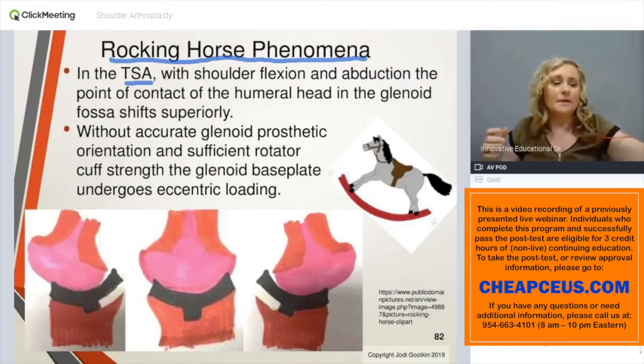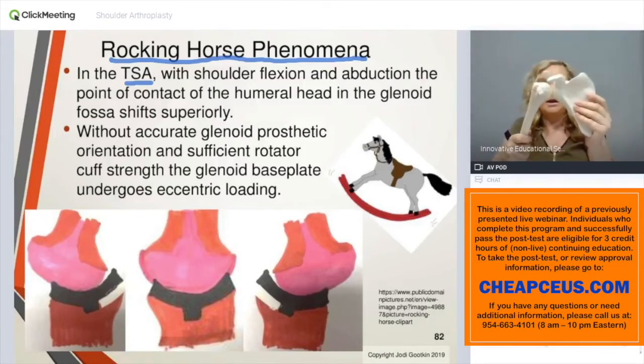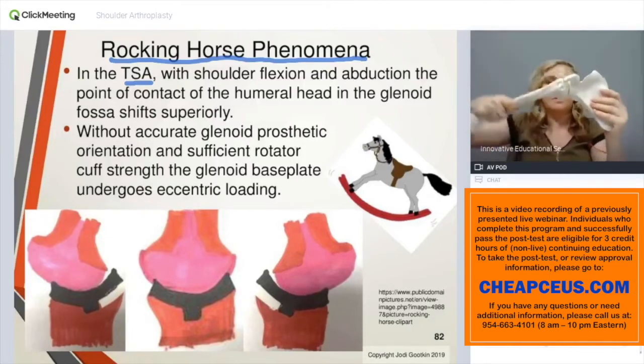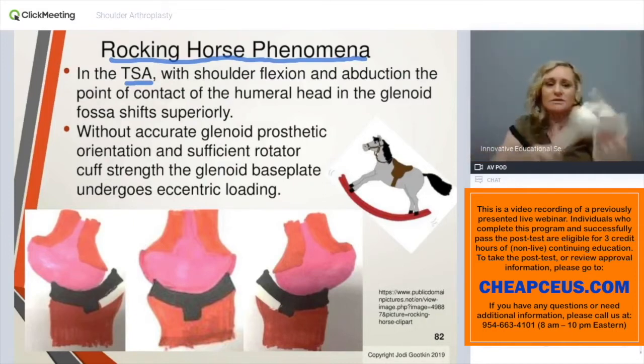Well, imagine that applying to the prosthetic humeral head on the glenoid fossa. Every time you move your arm, those compressive forces against the joint are creating that rocking horse.